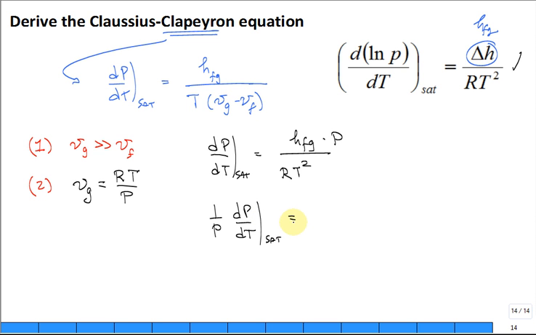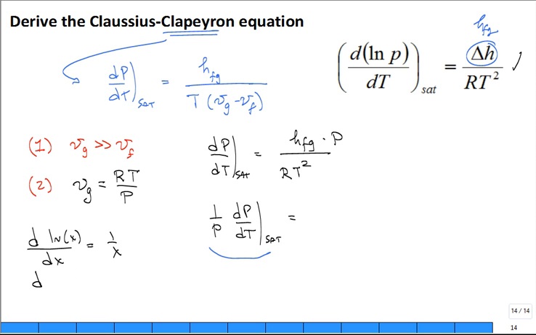What's the mathematical relationship that I need to recall and use? If I asked, what is the derivative of the natural log of x with respect to x? How many people remember that? It's 1 over x, true? Here's another one.